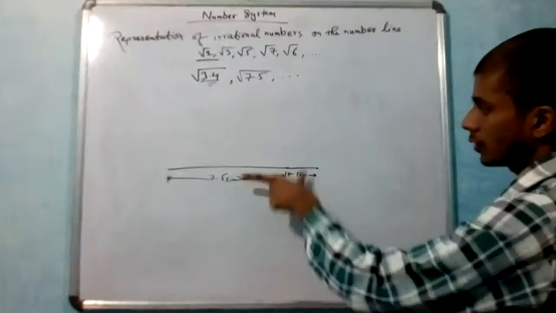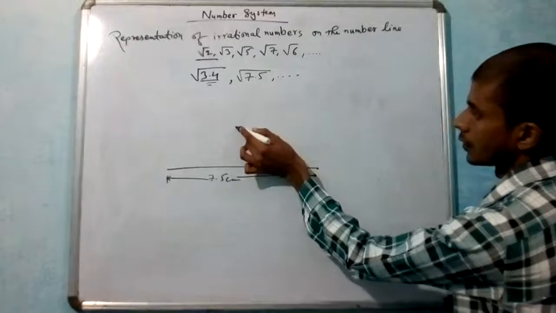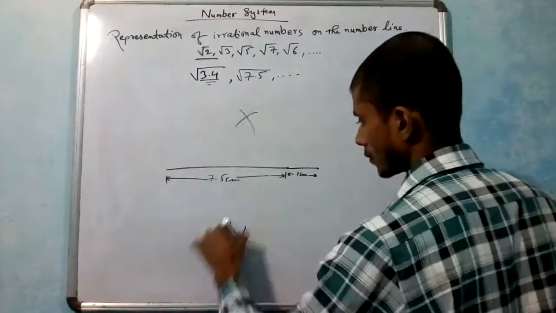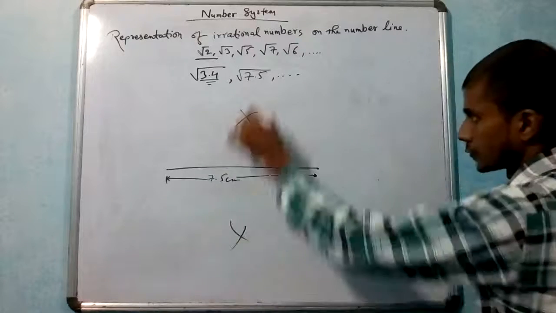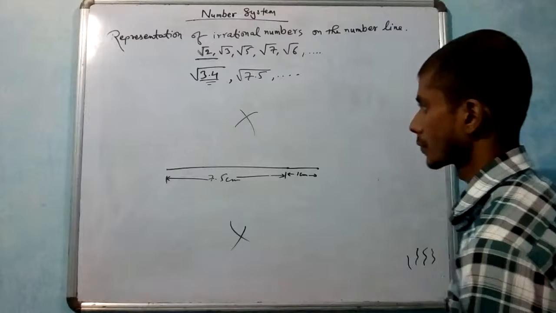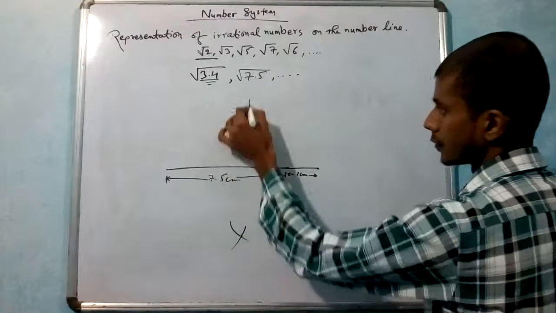Measure more than half and then draw the arc. And then join these points.